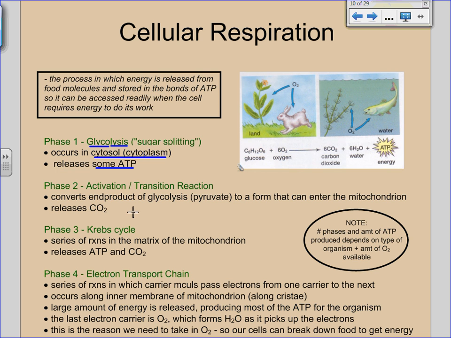Okay. The second phase is called activation. We'll refer to it as activation or transition reaction. In order to go into the next stage, which is the Krebs cycle, the pyruvate, or the molecule that's produced at the end of glycolysis, has to be converted into another form so that it can enter the mitochondrion.